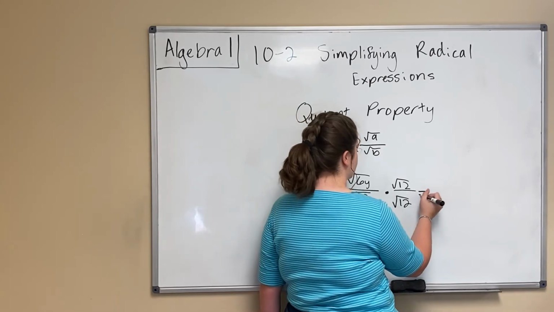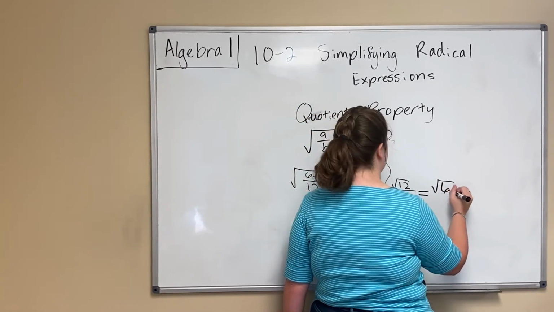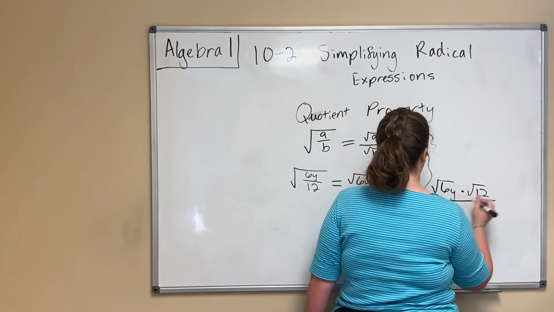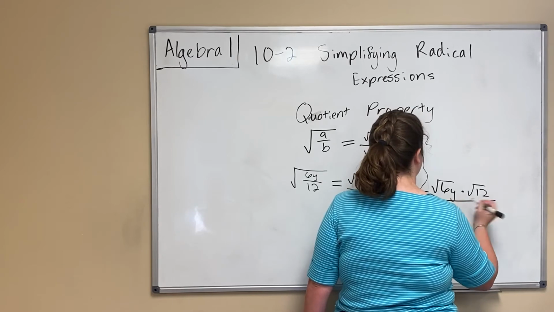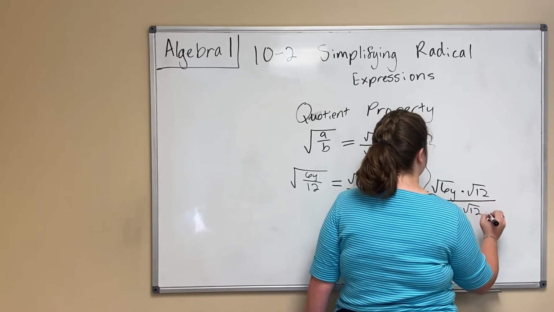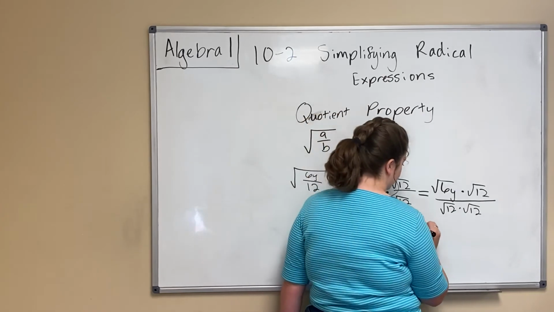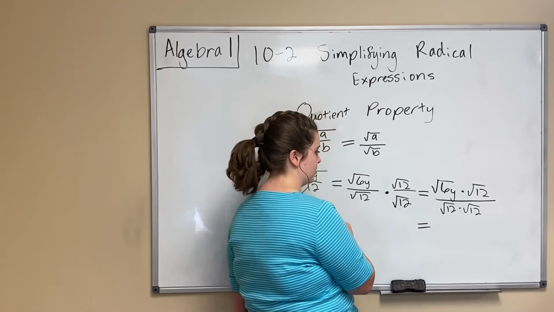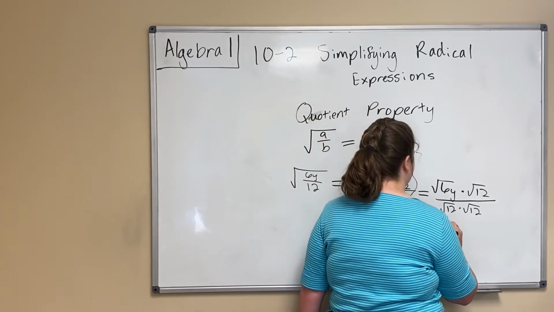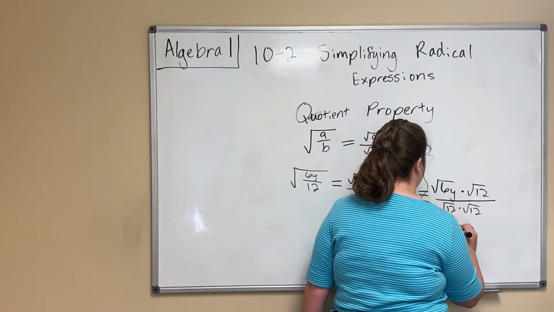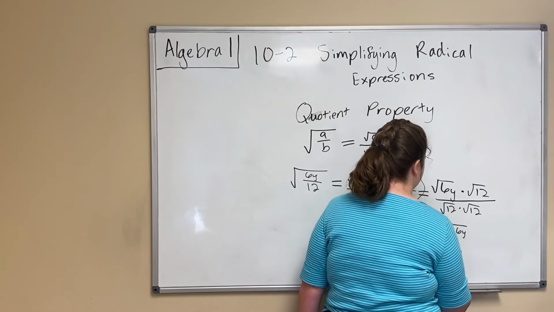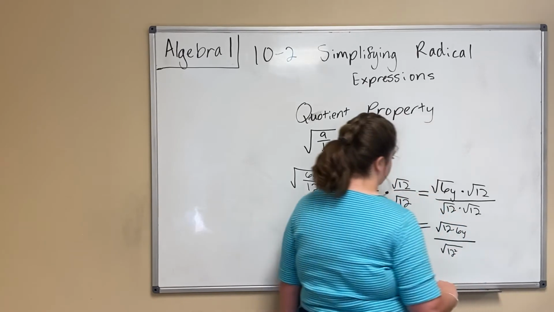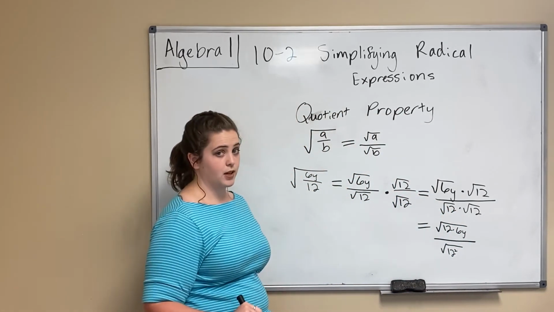Okay, so when we're multiplying fractions, you guys remember we just multiply across the top and across the bottom. So this gets us the square root of 6y times the square root of 12 over the square root of 12 times the square root of 12. Now, as we multiply it out, using our product property that we learned a second ago, I'm going to get the square root of 12 times 6y over the square root of 12 squared, which is 12 times 12.